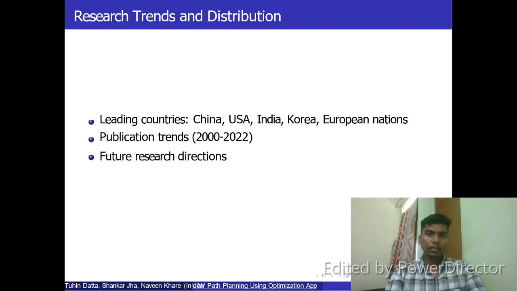Looking forward, the authors identify several promising research directions, including improved algorithms for dynamic environments, better computational efficiency techniques, and enhanced multi-objective optimization approaches for diverse UAV applications.